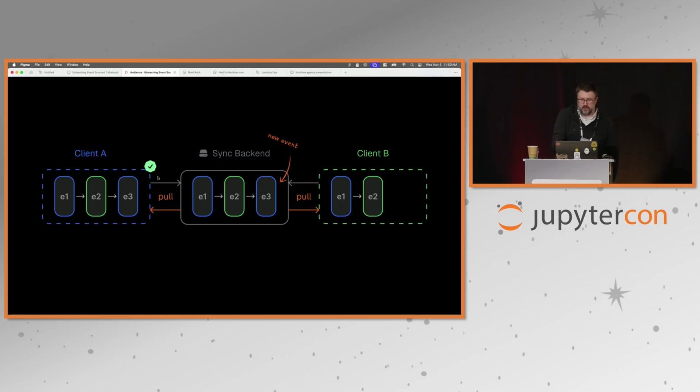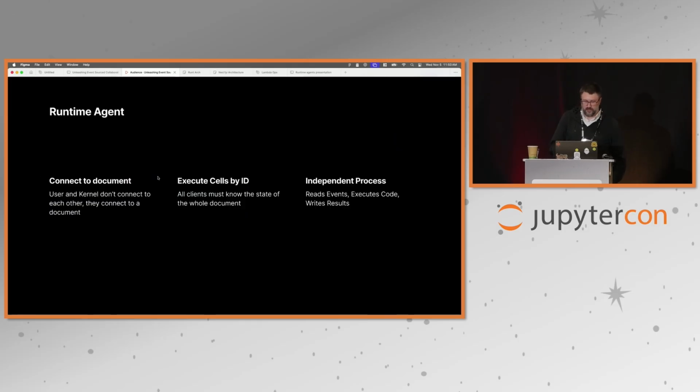When it does that, it finds out, okay, I was up to date. And so everybody gets to pull all the events they might be missing. Only client B is missing event E3, so it gets E3 back, it's got the new event, and that's how they all become synchronized.